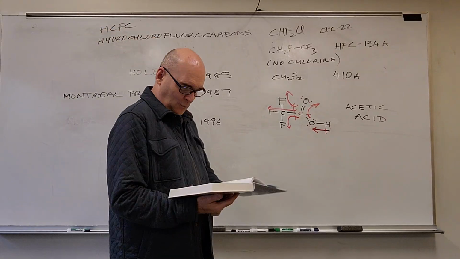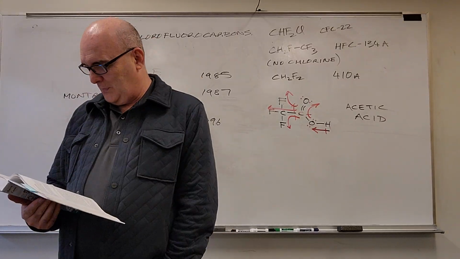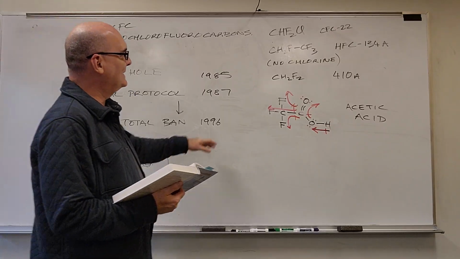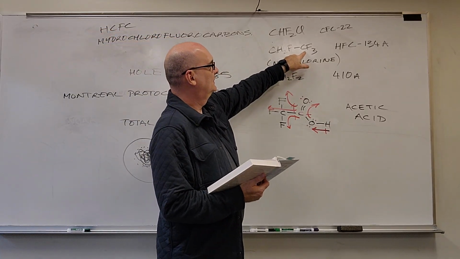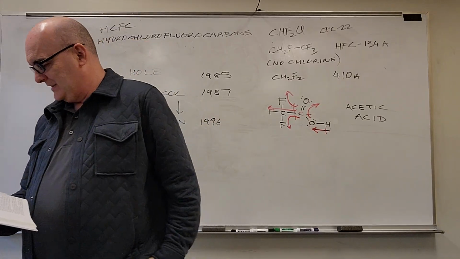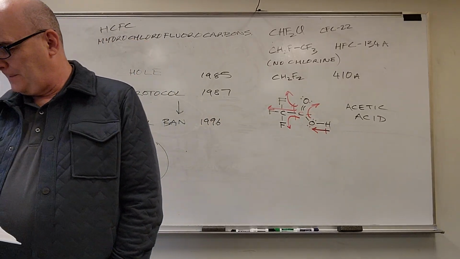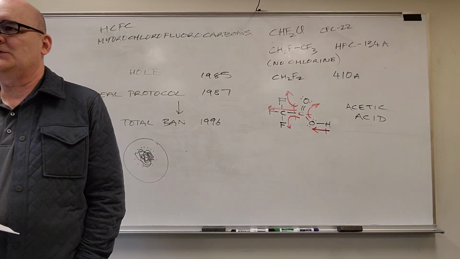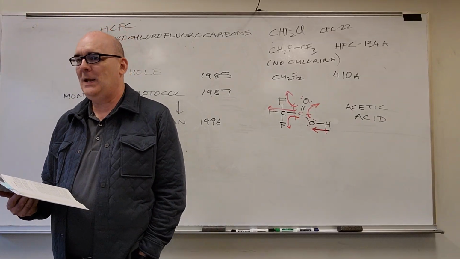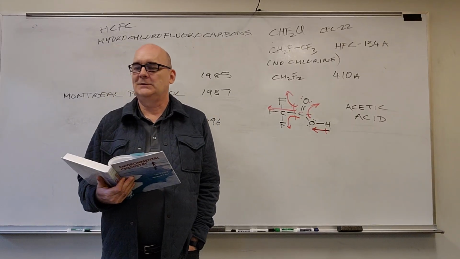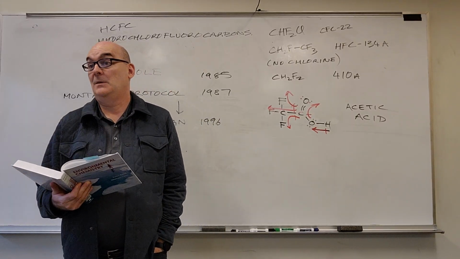So, unfortunately, one of the side effects of putting these multiply fluorinated molecules into the atmosphere is they make trifluoroacetic acid, which is going to come out of the sky and find its way back to the earth, because it's going to dissolve in water. It's going to be acid rain.